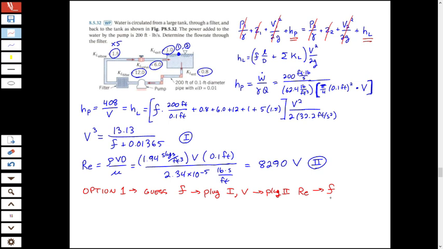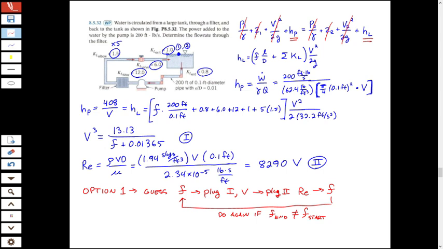And depending on what that is, if f at the end of your iteration is not close to the one that you started with, you do it again.